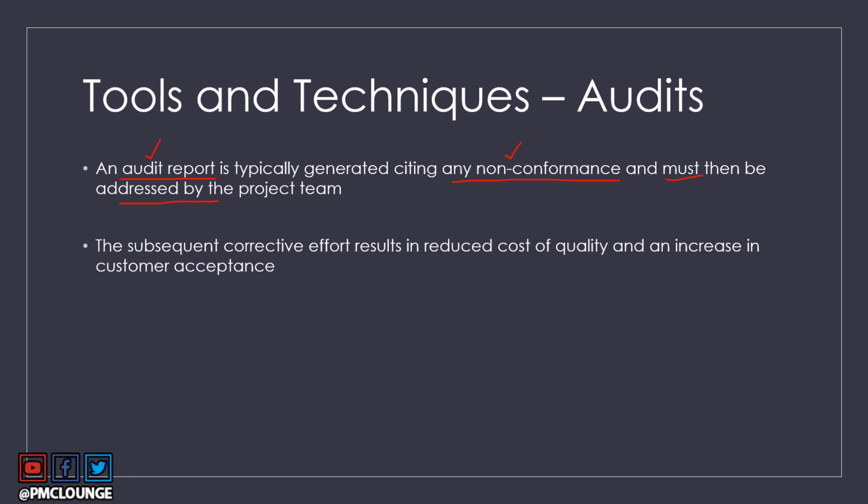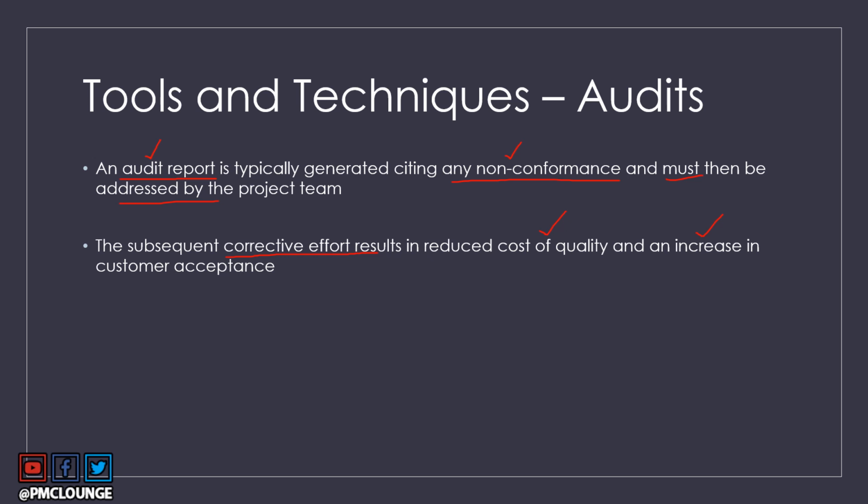Now, the subsequent corrective effort, right? When you are converting those non-conformances to conformances, it will result in reduced cost of quality for sure, and it will also increase the chances of customer acceptance.